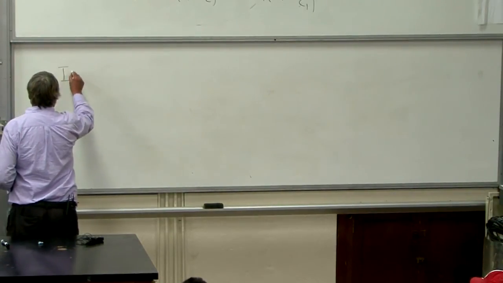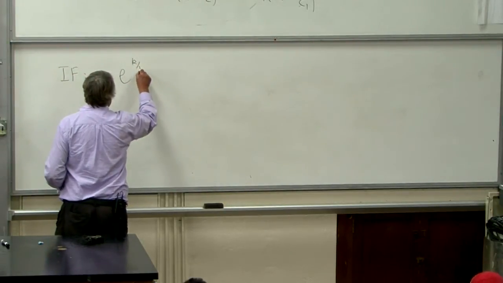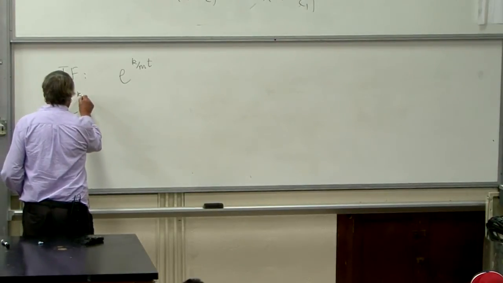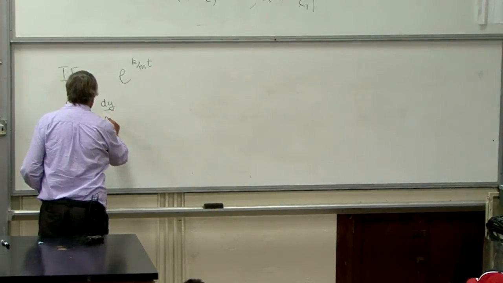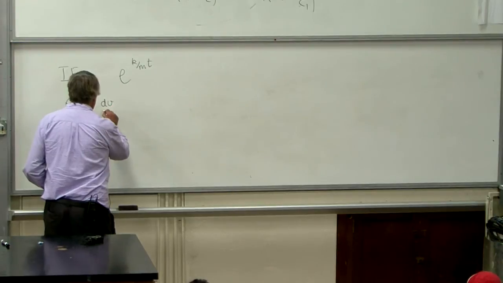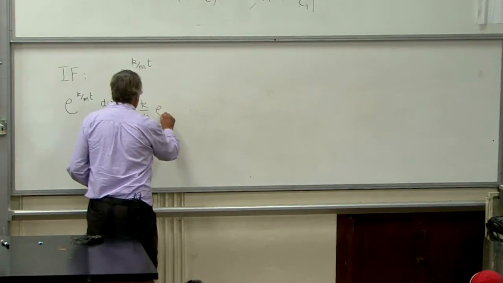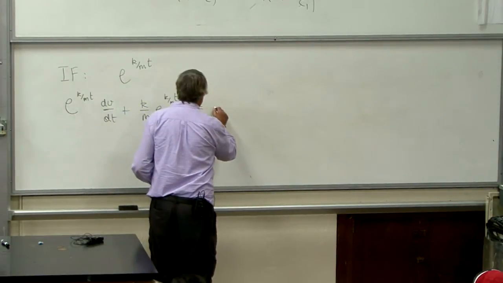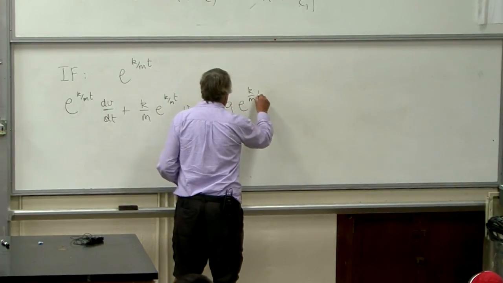The integrating factor is e to the k over m t. Multiply across by the integrating factor times dv by dt, plus k over m, e to the k over m t, times v equals minus g times e to the k over m t.